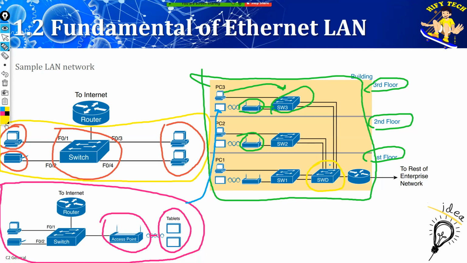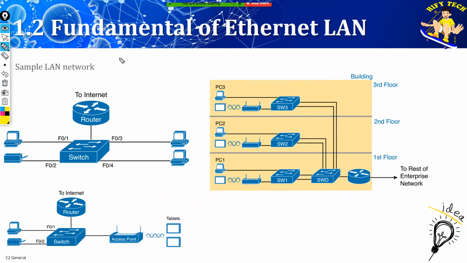So just to summarize, Ethernet LAN network is a local area network where we use the switches as a central point to interconnect, and we have three different designs for LAN network. The first one is one router and one switch. In the second design, we have one router, one switch, plus we have added an access point.